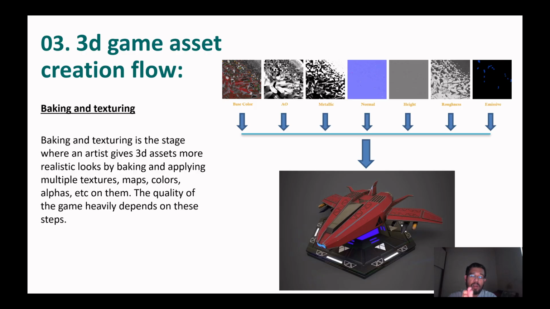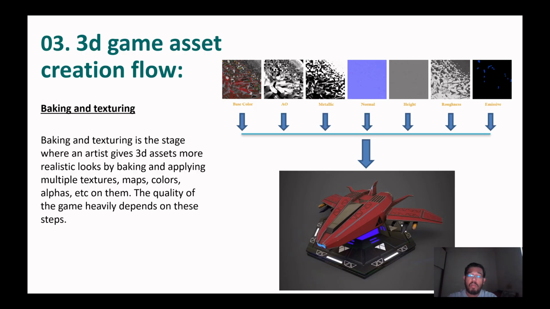They have different purposes. Base map has one, AO has one, metallic has one. Base map is the base color. Ambient occlusion is for dealing with the shadows. Metallic, as I said, is for how metallic your object is or not.